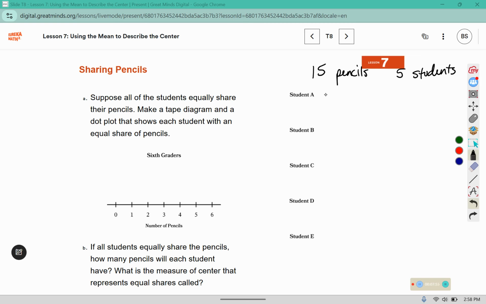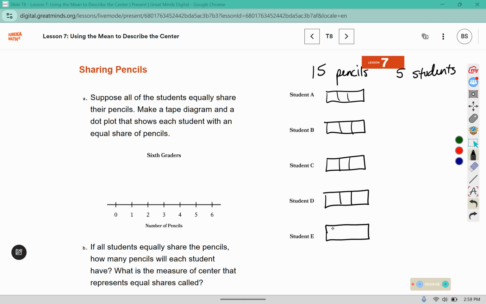So then each student should get 3 pencils. There are 5 students that all have 3 pencils.